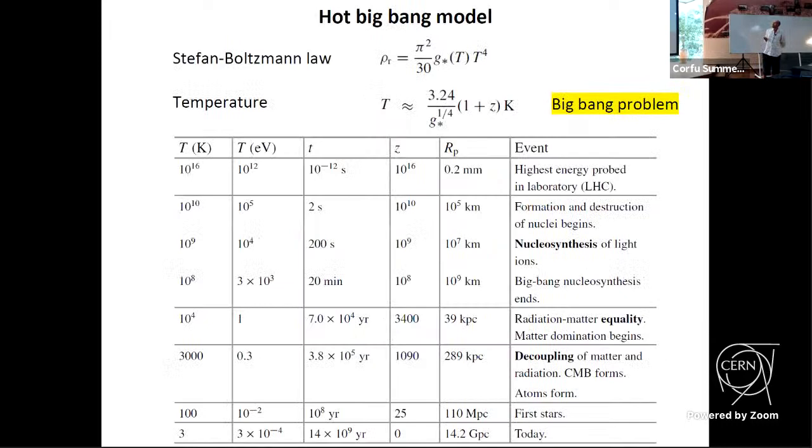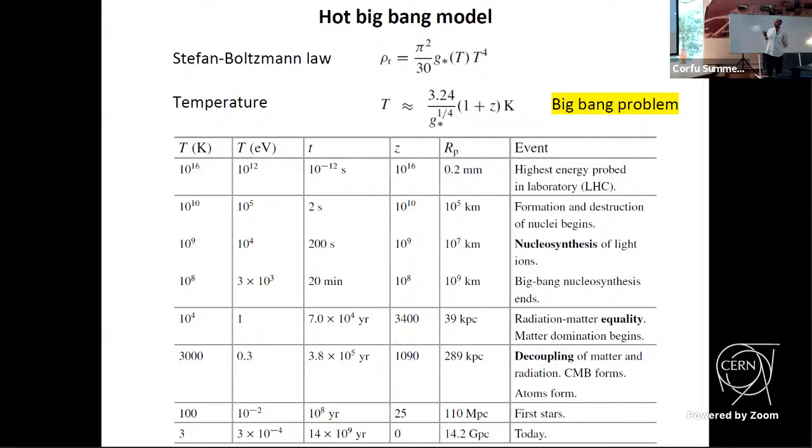Now, this is a timeline of the universe up to some time in the past, not really to t equal to 0, because we're not ready for that. But you can see that we can associate a temperature to any epoch of the universe, and the temperature is proportional to the redshift. Why?